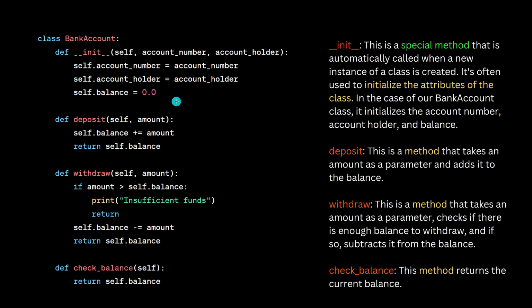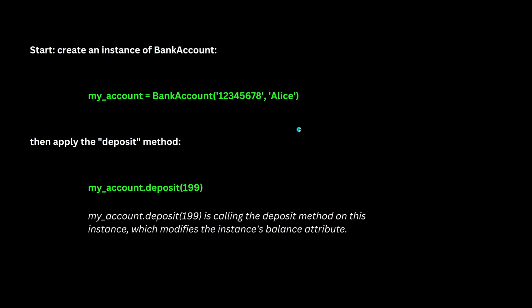There you have the special method init that initializes the attributes of our class. Then we have 3 methods. We deposit some money, our balance plus equal the amount we pay. We withdraw some money, balance minus equal amount, and we check the balance. See, easy. This is all there is to it.